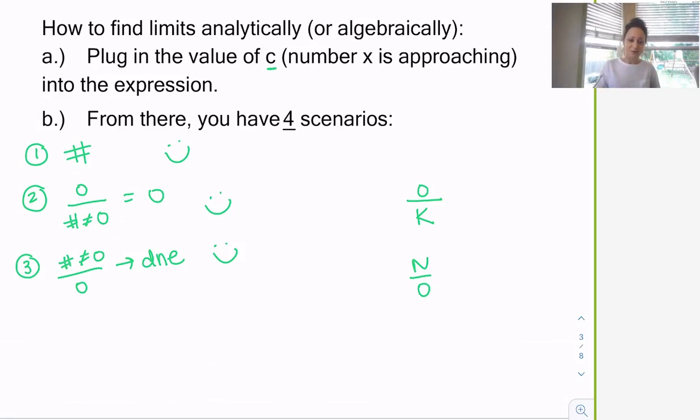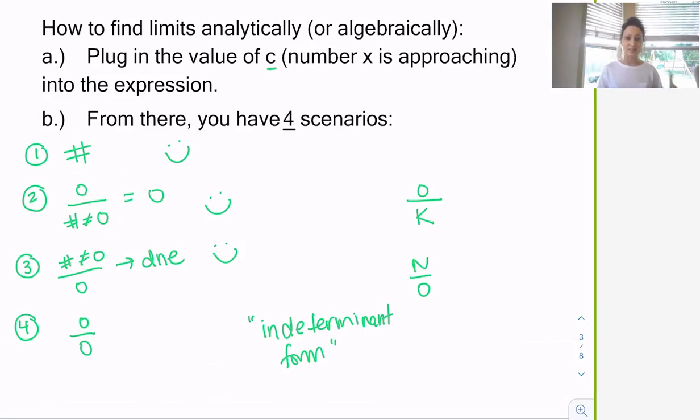So, scenario number 4. What scenario is left? Can you tell? So the scenario that's left is 0 over 0, okay? And this is what we call, I'd like for you to write, indeterminate form. In other words, I can't quite determine yet what this is.